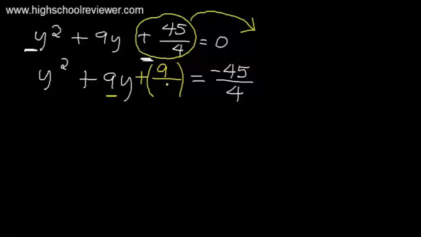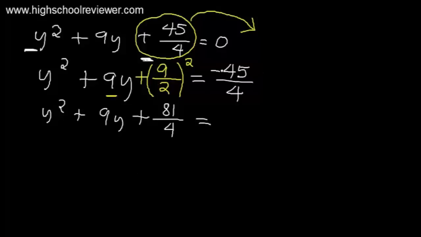Divide this by a constant number, and that is positive 2, and raise the term to the power of 2. So we have here y squared plus 9y plus 9 raised to the power of 2, that will be 81, and 2 raised to the power of 2 is 4.